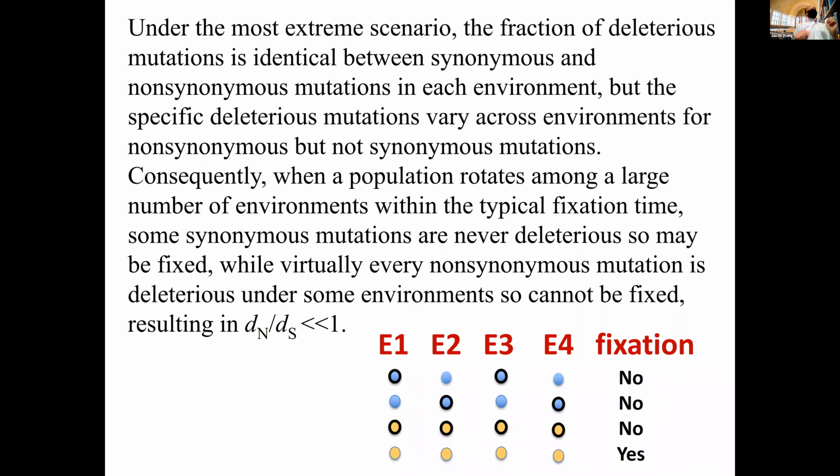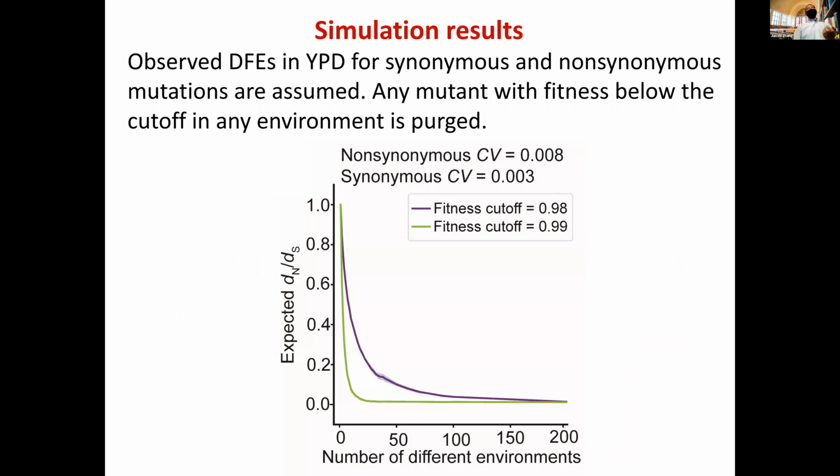That is our thinking, and we want to test whether this is a viable model. First we did a computer simulation. In the simulation, we used the fitness effects we estimated in YPD, assuming that is the true fitness effect, but then we considered multiple environments and allowed variation of fitness effects among environments.